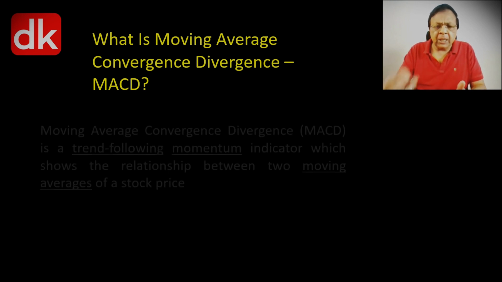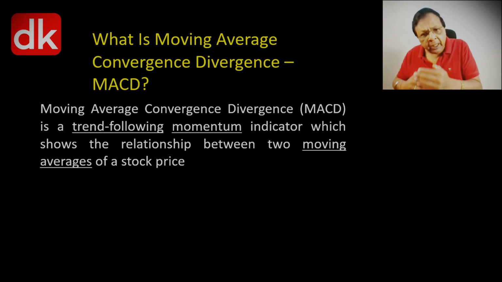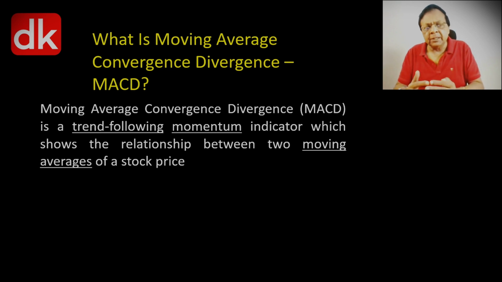It is also a momentum indicator. MACD is a trend following momentum indicator which shows the relationship between two moving averages. As simple as that. It is one of the simplest indicators, that it shows the relationship between two moving averages of different time periods of the stock price.